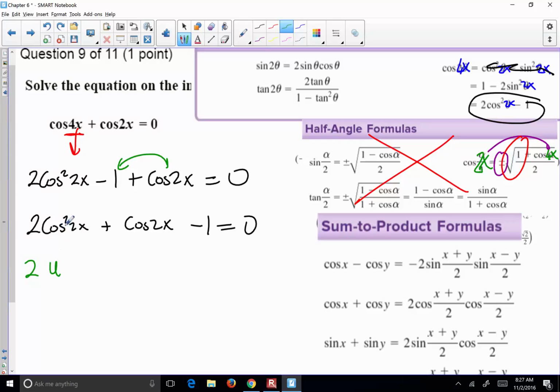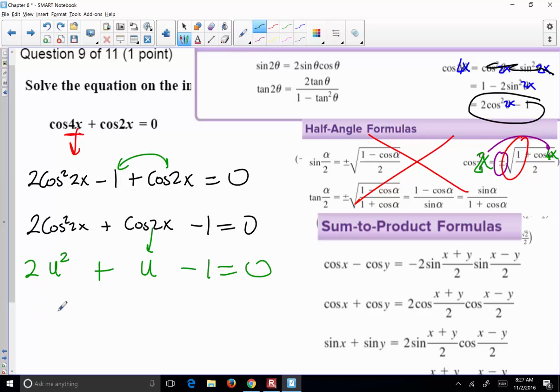What is the first term going to be? 2u, cosine 2x replaced by u, u minus 1 is still minus 1, correct? Yeah, it should be square. This is square of cosine, so it should be square of u.